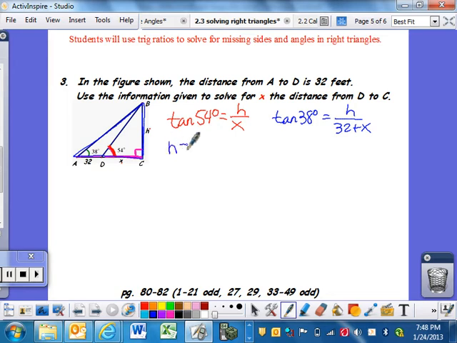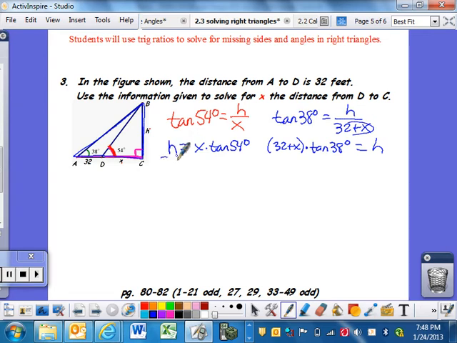So h equals x times tangent of 54 degrees. Okay? So that's the idea with this one. I solve for h. Same idea here. I'm going to multiply this guy over. So (32 plus x) times tangent of 38 degrees is equal to your h. I simply just multiplied my denominator over to the other side.